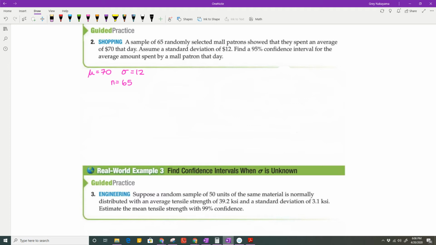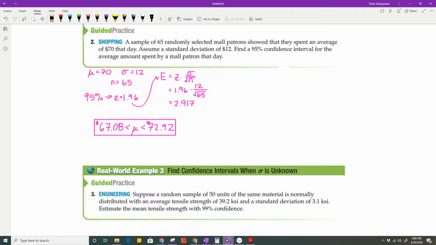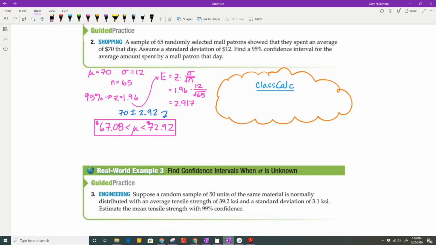The rest of it goes along with filling in the information, putting it into the formula, and then adding or subtracting it to your mean. Again, with ClassCalc, if I'm looking for a confidence interval, then I need my Z interval.